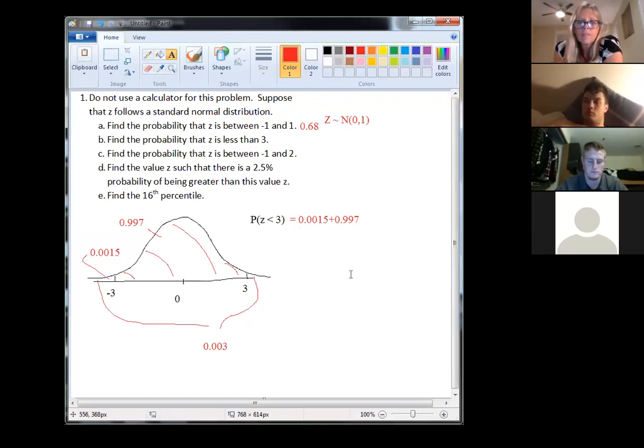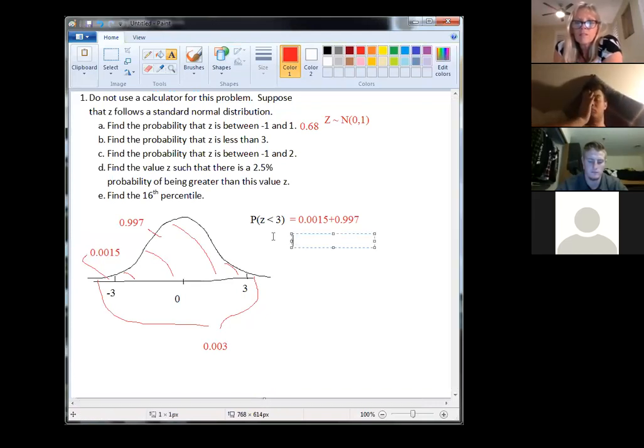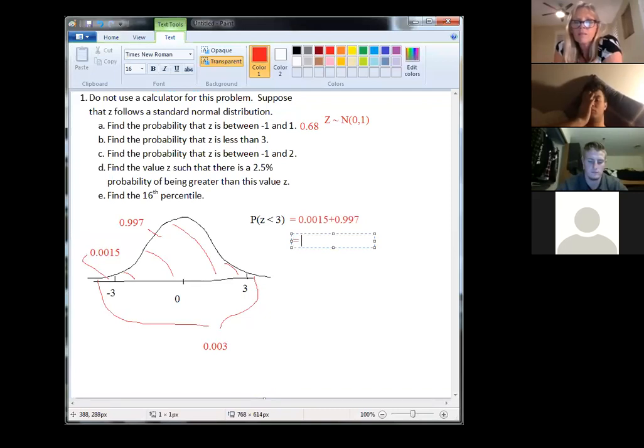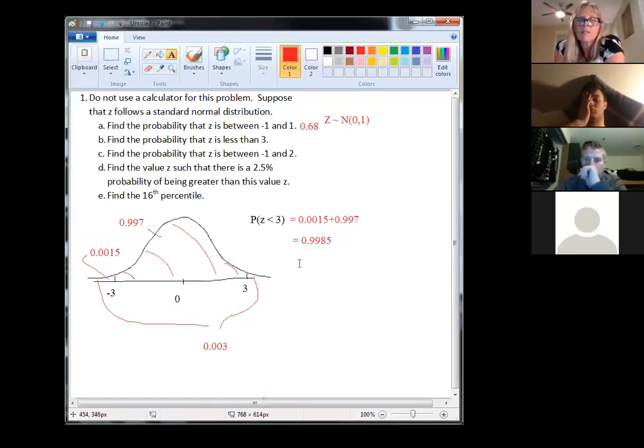If you want, it's 0.9985. Maybe I'll do it for you, if you add those two numbers together. Any questions on piecing together these areas? Starting to look a little more like math, isn't it?